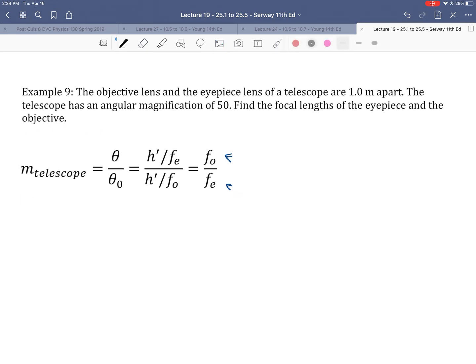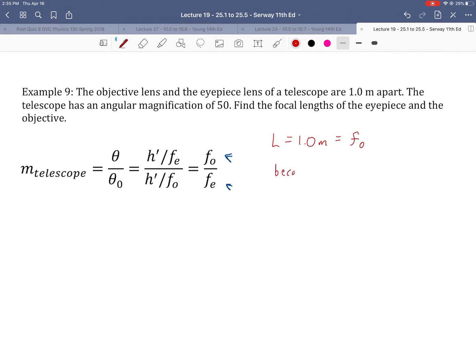So what do we know? Okay, so we're told that the distance between them is 1 meter. All right, and then 1 meter will be the approximate length of the focal length of the objective. So L being 1 meter is a roundabout way of telling us that the focal length of the objective is 1 meter. Okay?